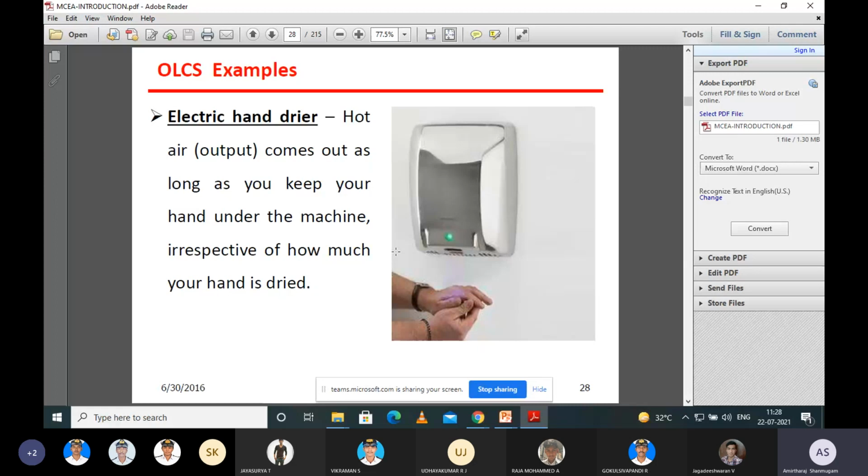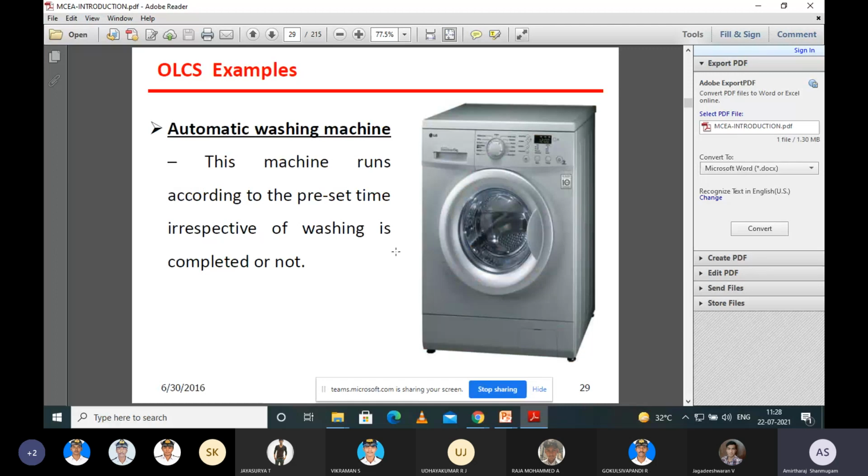We can say a number of examples. Automatic washing machine: it depends upon the preset time, irrespective of whether washing is completed or not. If you set the time to half an hour or 20 minutes, it runs continuously for 20 minutes.